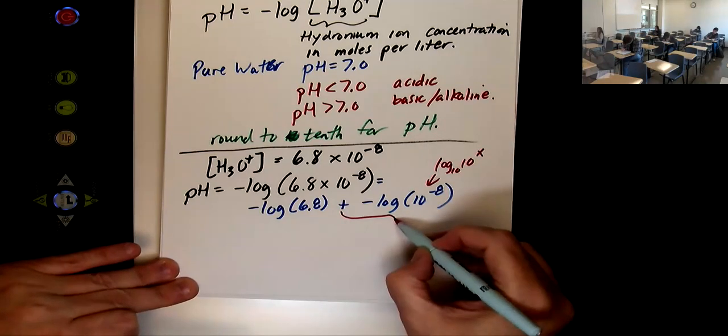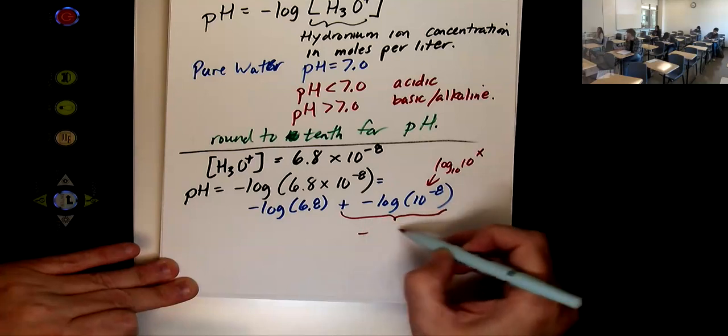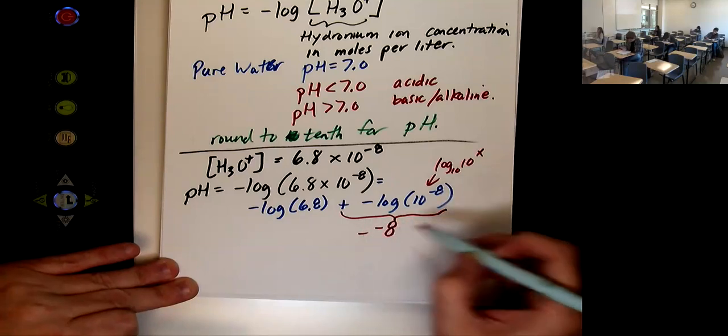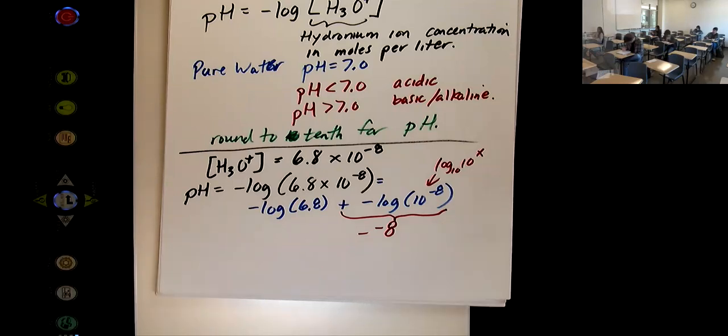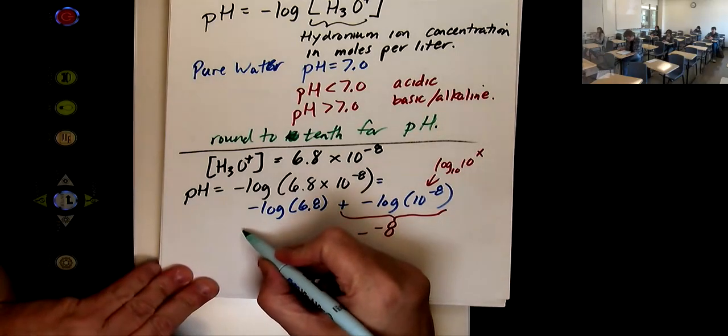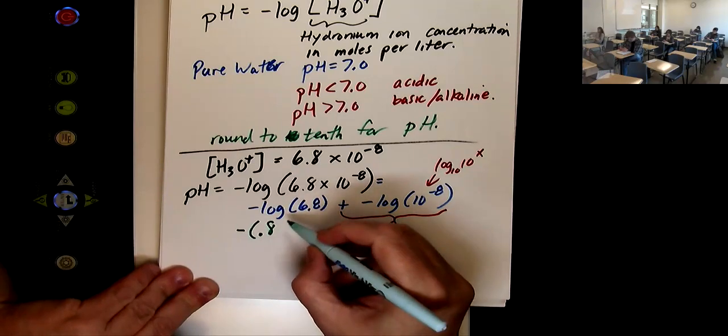This all turns into the negative stays out front and the negative 8 comes down. So we have a plus 8 from that one. This value, when you throw it in a calculator, you get about negative 0.8325.